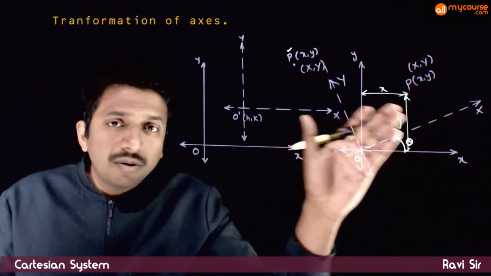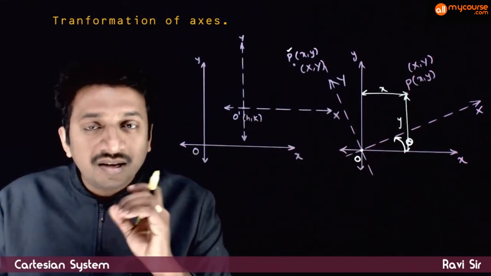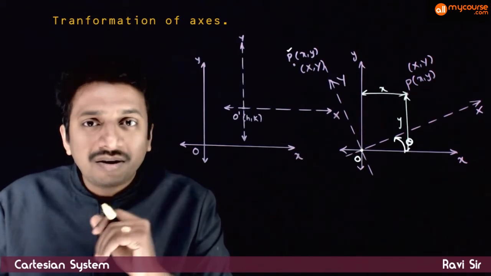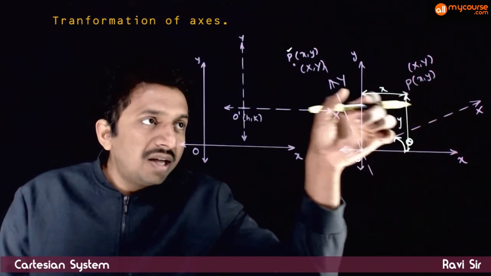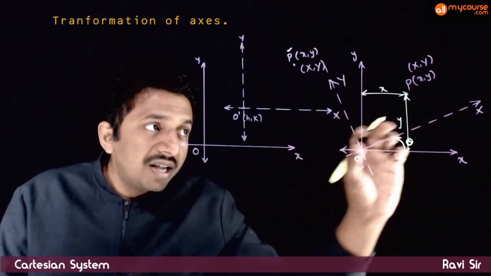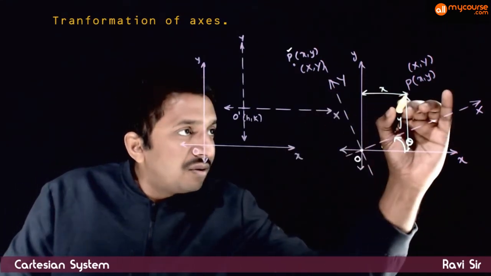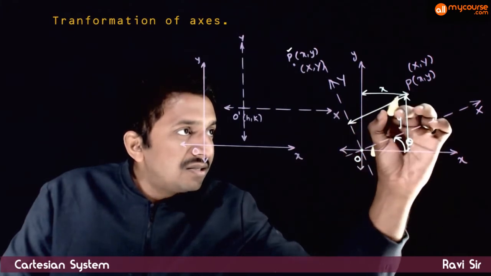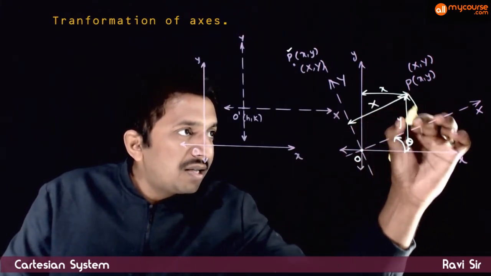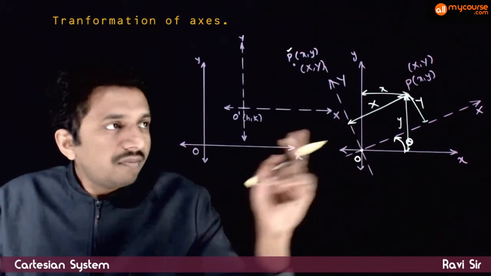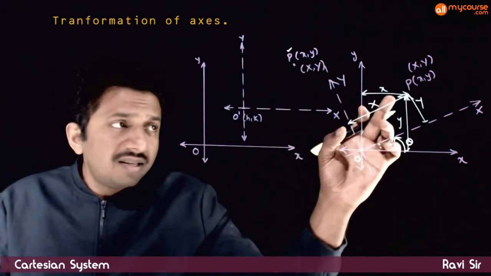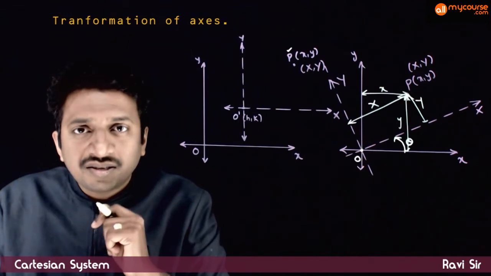Now as the axes are rotated through an angle theta, what is the new x coordinate and new y coordinate? Now the distances have to be measured in this direction and this direction. So if you measure the distances, this will be the new x coordinate, this will be the new y coordinate. As you can very clearly see, the numbers are changing.